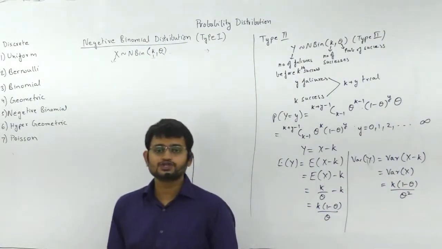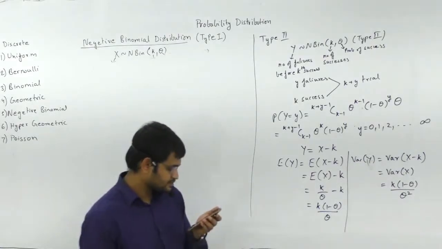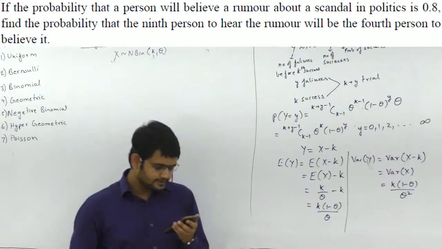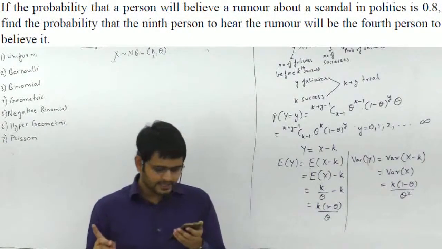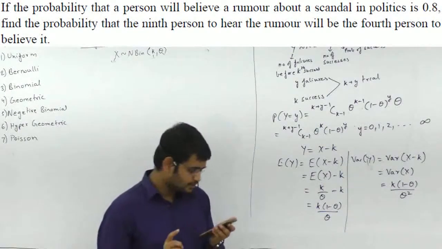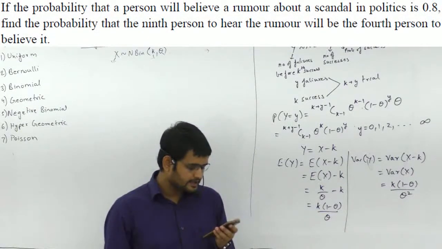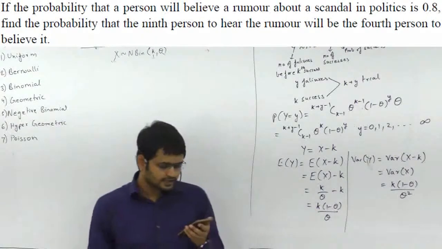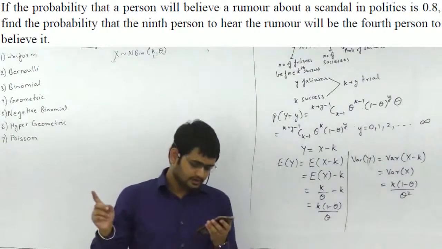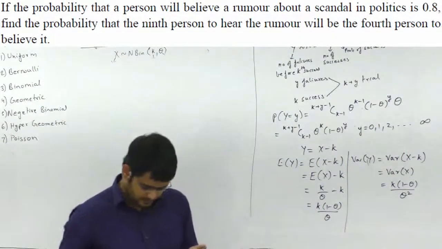Now let's do a question on this negative binomial distribution. If the probability that a person will believe a rumor about a scandal in politics is 0.8, find the probability that the 9th person to hear the rumor will be the 4th person to believe it.